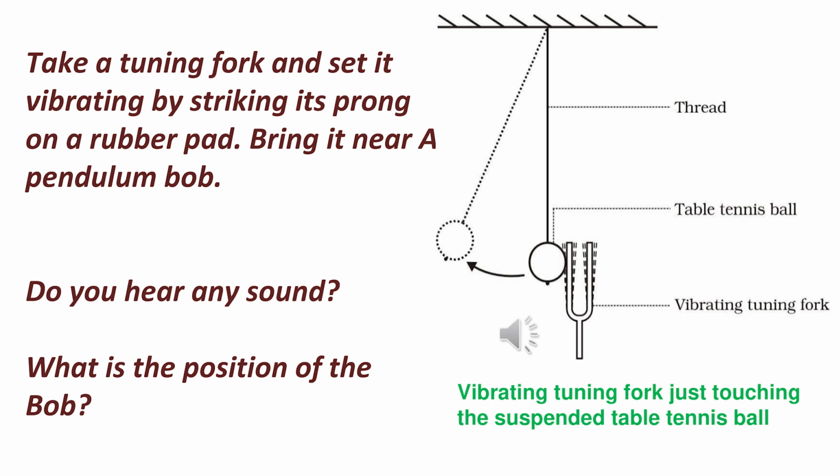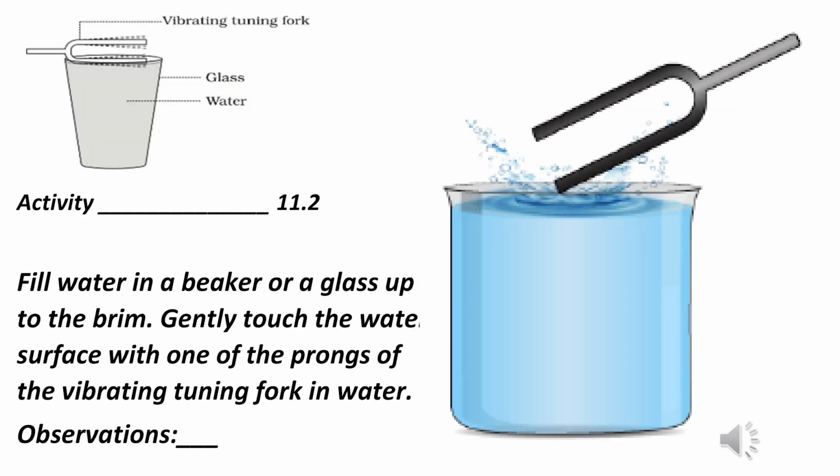And next we shall see another scenario. Please put that vibrating tuning fork near the bob of a pendulum. Then what can you observe? The pendulum will be moved forward. Due to the vibrating tuning fork, that bob will be pushed forward.